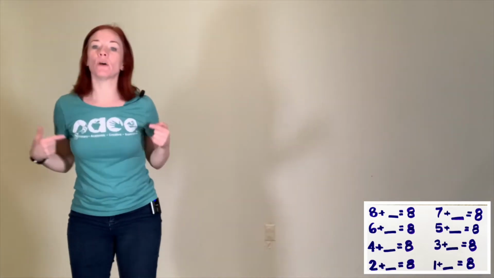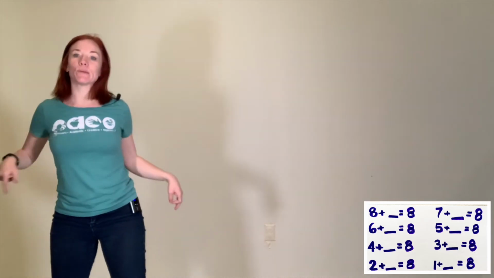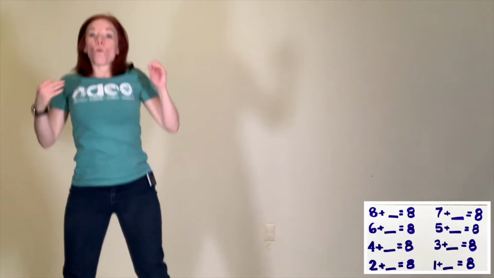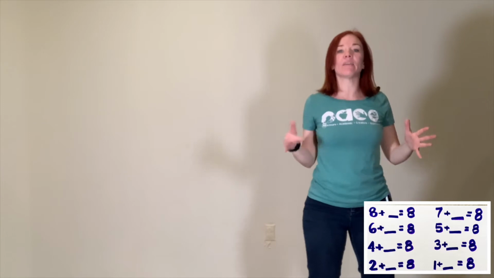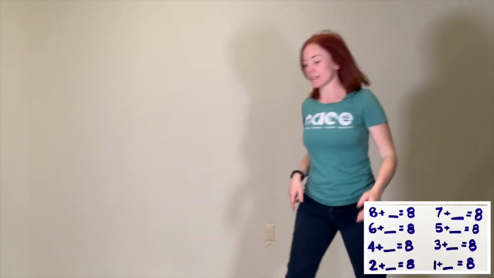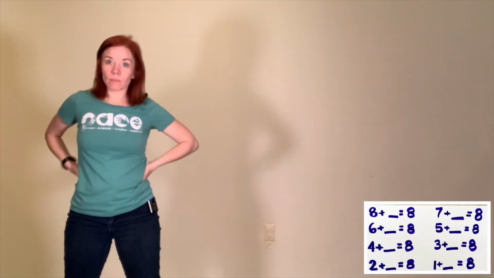Moving on to 3 plus what equals 8. Here we go. 1, 2, 3 plus what equals 1, 2, 3, 4, 5, 6, 7, 8. Let's see. Moving back and forth. I hope you guys have enough room. I hope you're moving safely.